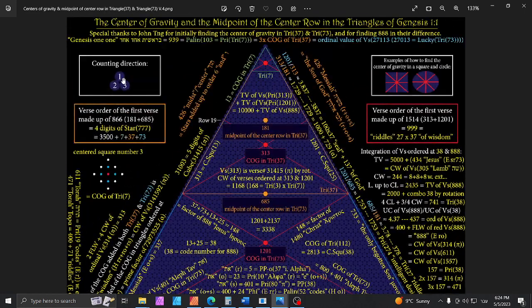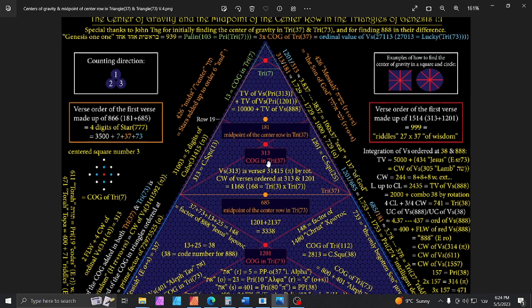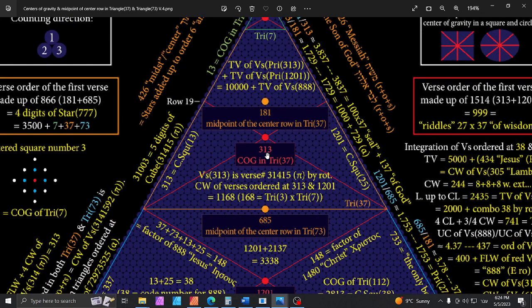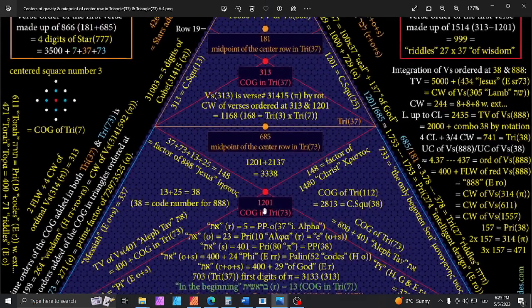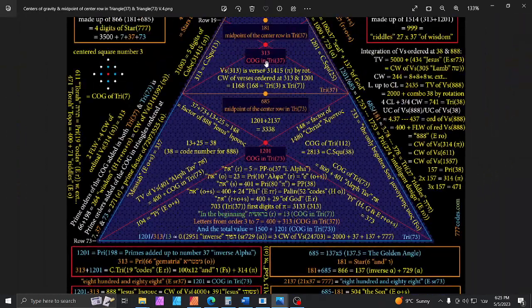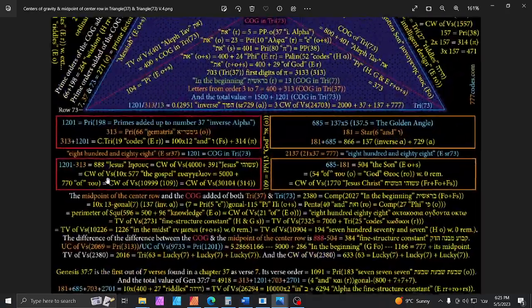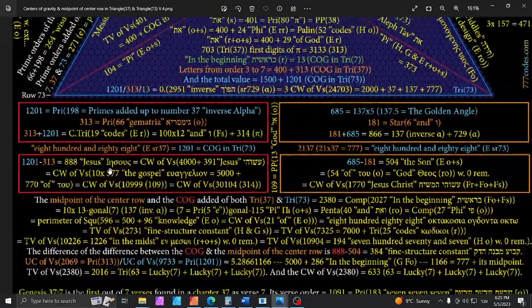And when we count like this, starting from the top, 1, 2, 3, we will see that the center of gravity in triangle number 37 is 313, and the center of gravity in triangle number 73 is 1201. And the difference between these centers of gravity is, in fact, Jesus.